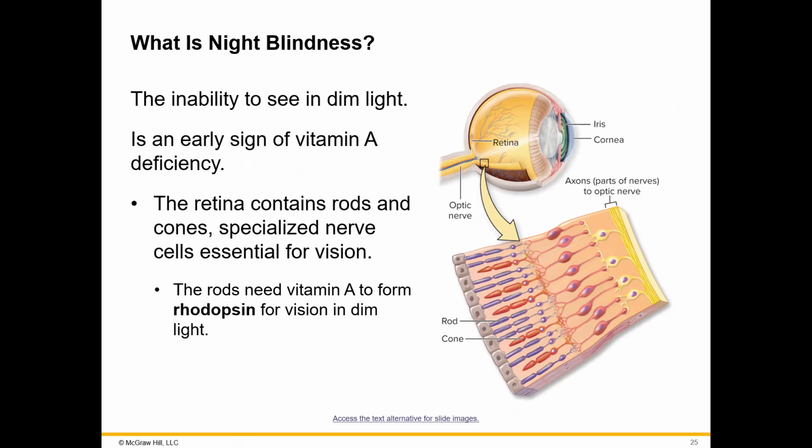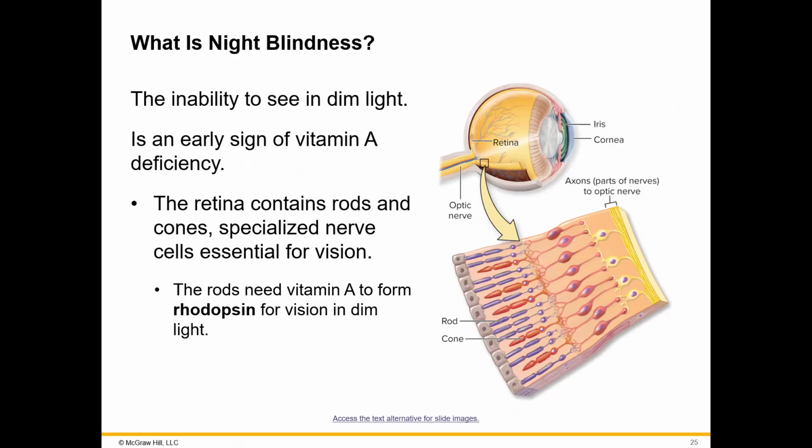The RDA for vitamin A is about 700 micrograms. So there again, if you're eating a well-balanced diet and you're getting animal sources and adequate intake of fruits and vegetables, it's very difficult to get a vitamin A deficiency.